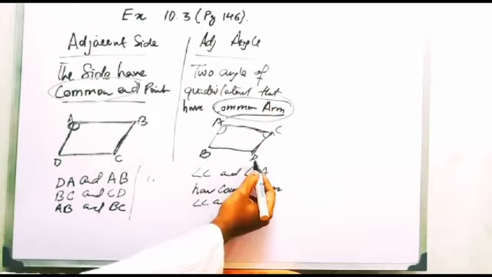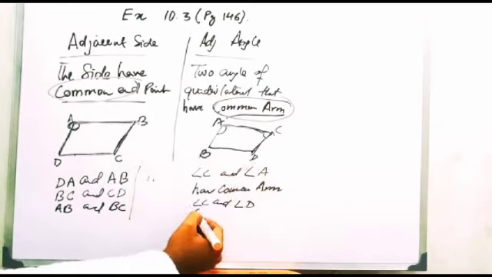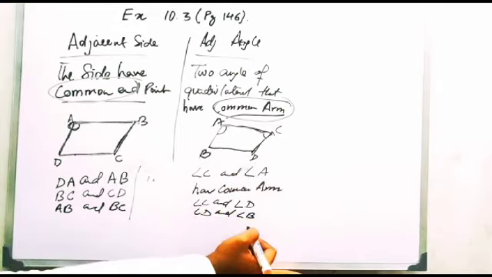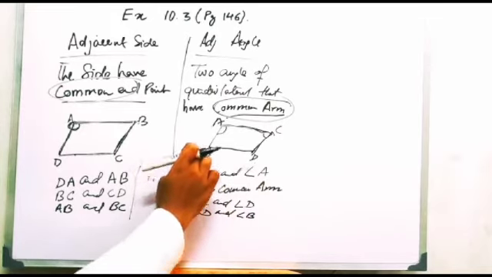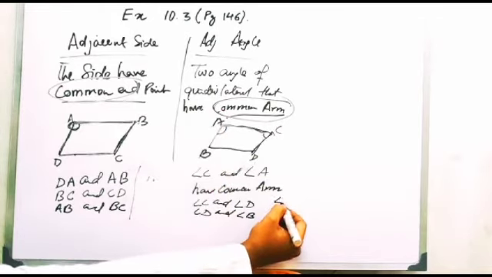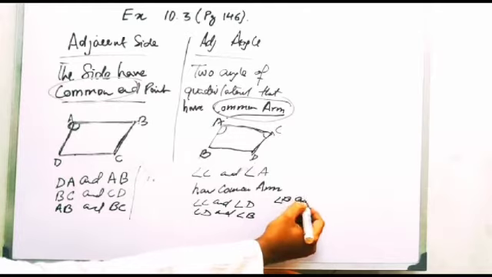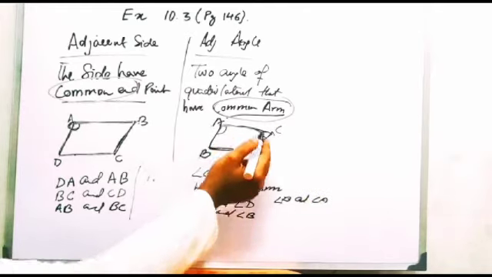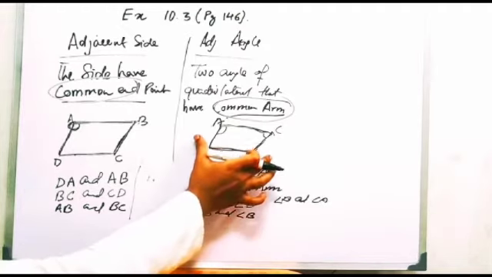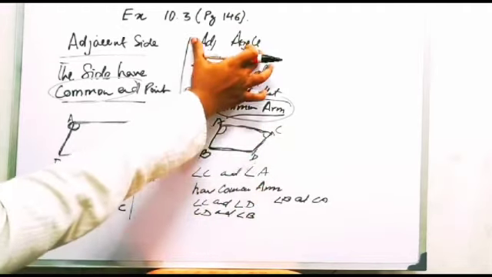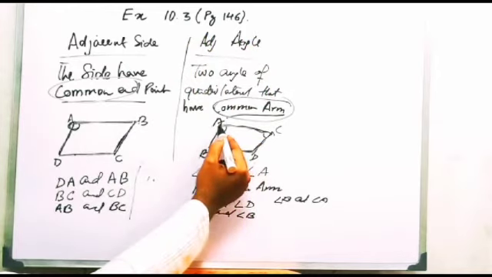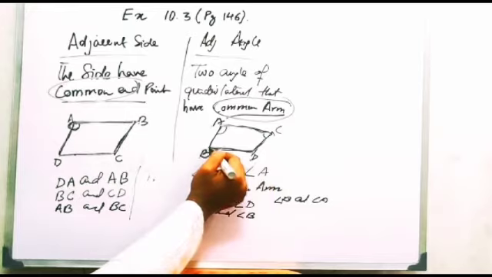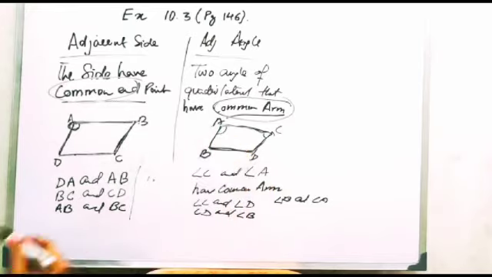Now angle D, angle B. Angle D and angle B. Lastly angle B, angle A. Angle B and angle A. So again in this figure you will find 4 common arm, that is 4 adjacent angle, that is AC, CD, DB and BA.